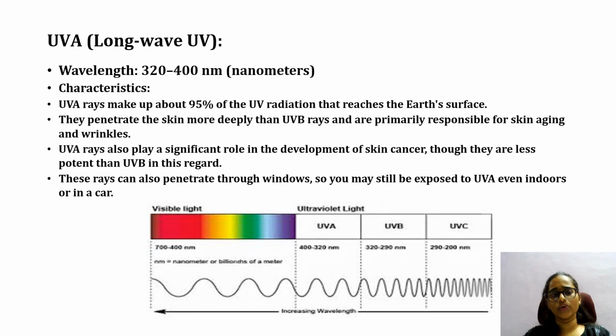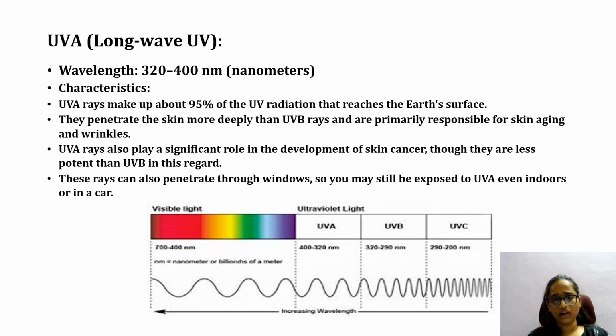This one is UVA. It is known as long wave UV. The wavelength of this is 320 to 400 nanometers. Characteristics of which are: UVA rays make up about 95% of the UV radiation that reaches the Earth's surface.